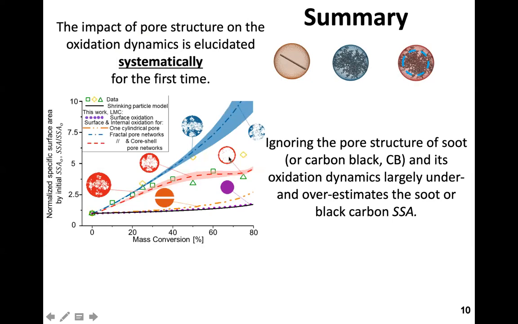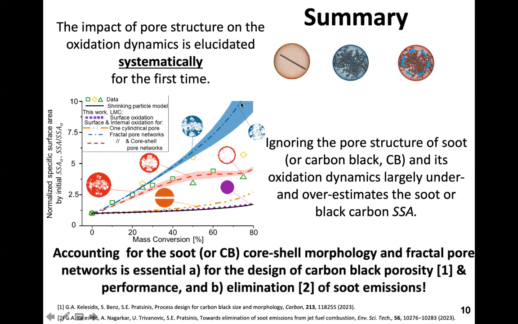On the other hand, ignoring the core shell structure of carbonaceous nanoparticles overestimates the measured specific surface area by 82% on average. So accounting for the core shell fractal pore networks of carbonaceous nanoparticles is essential for the design of the carbon black porosity and performance, as well as for the elimination of soot emissions.